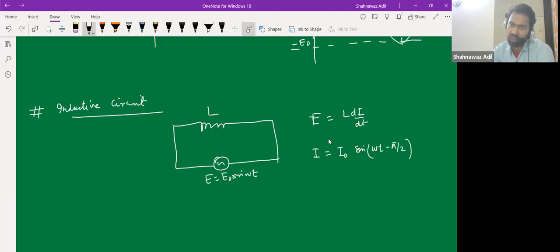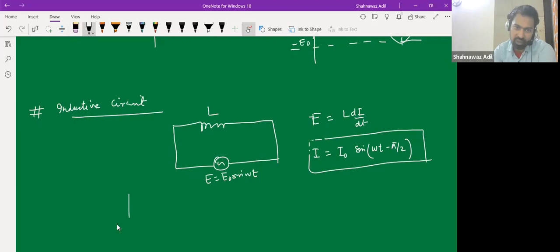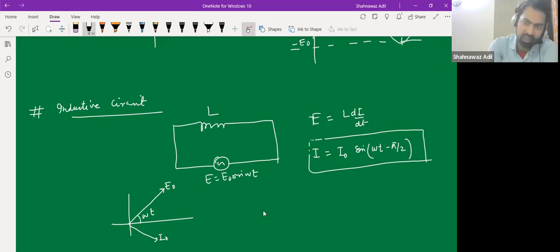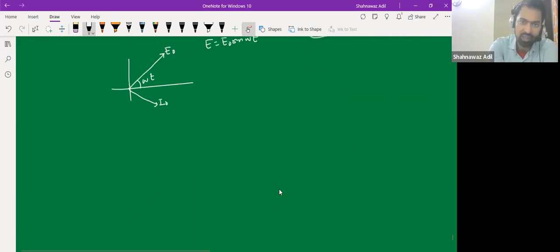So in the inductive circuit, the current was lagging behind by pi by 2. When we draw the phasor diagram, this was E naught, this was omega t, and this was I naught. We also drew the graph.